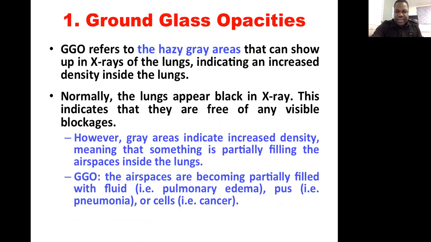The first one is what we call ground glass opacity. Ground glass opacity simply refers to hazy gray areas that you can see on a chest X-ray of the lung, indicating that there is an increase in the density inside the lung.